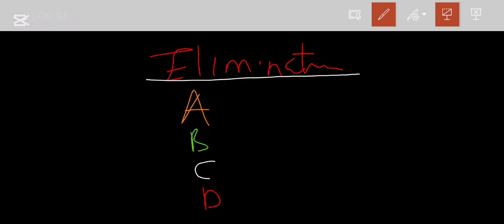If A is wrong, you just say wrong, completely wrong. If you are doubting B, just put a dot and say, I'm going to come back if there is no better answer than this one. Then if C makes more sense than B, you cancel B, because C is a better version of B.